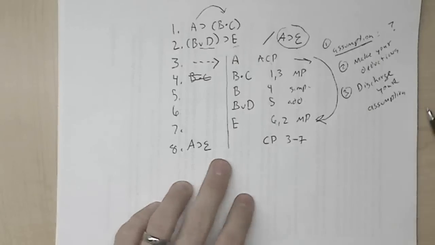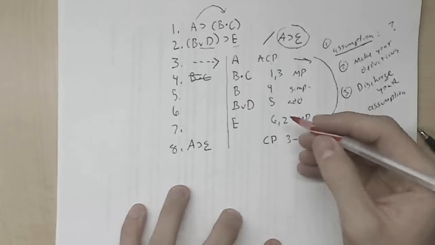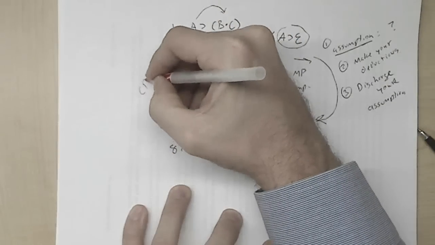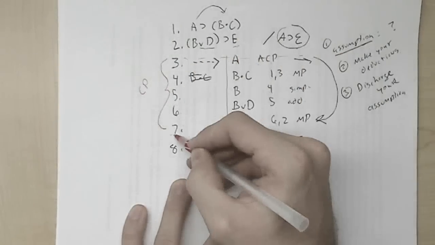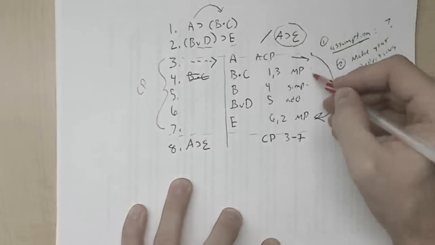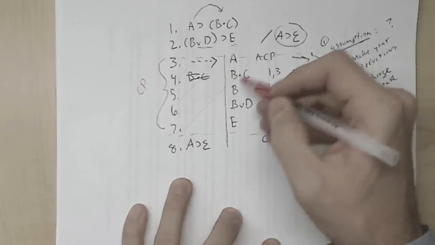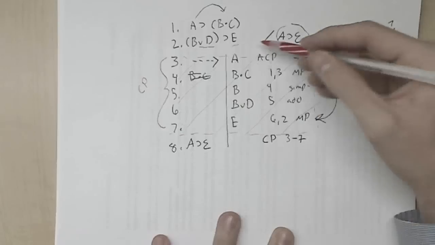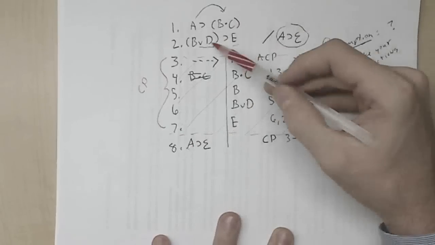And now that I've discharged, what does this mean? Let me get a pen here, maybe draw things out. You can see here that this was the conditional proof we used, CP, right? But what this means is that since this was an assumption, we don't know if that assumption is true, so none of these lines actually count as valid lines in the argument. But it does demonstrate that if you had A, you could get E using these rules.